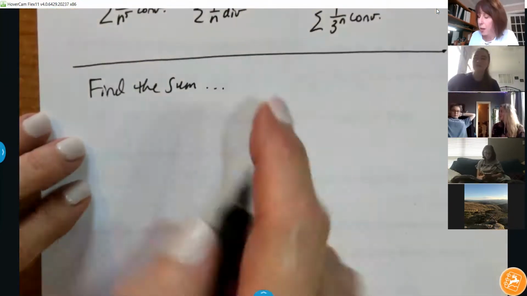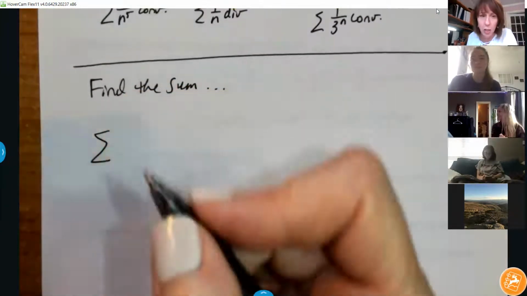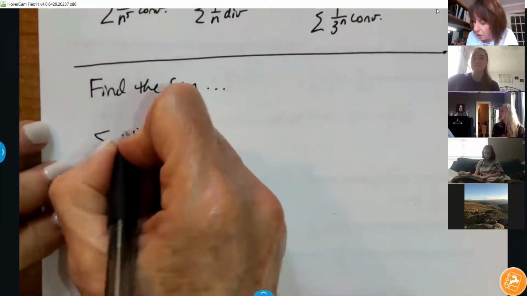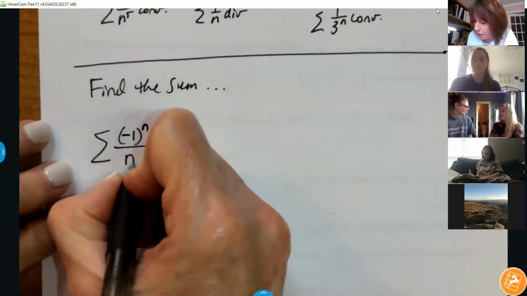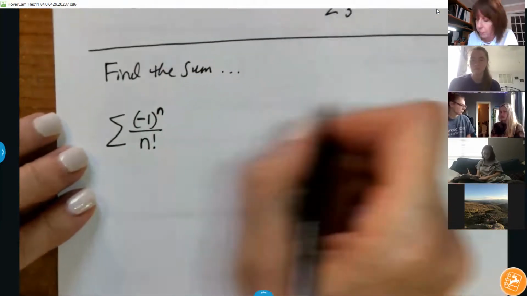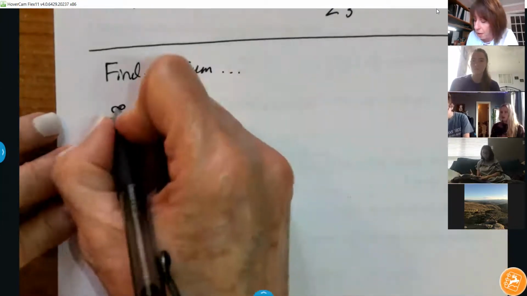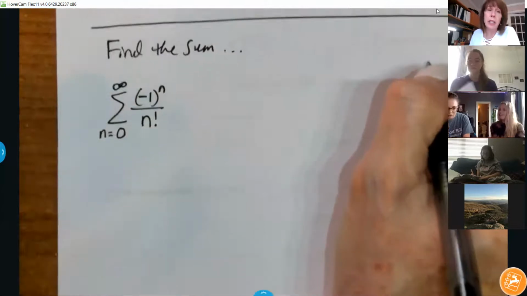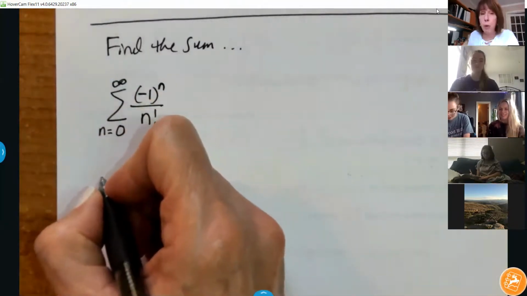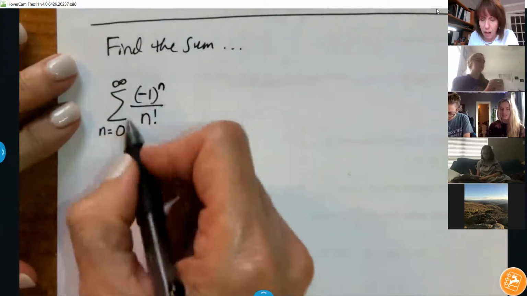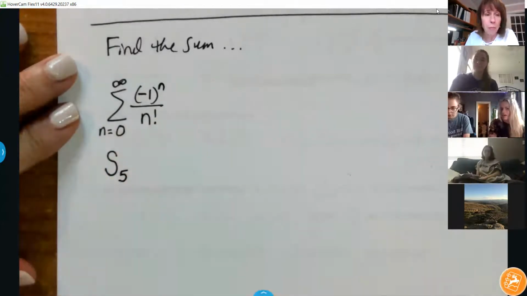In general, you bet. So I'm going to make up a series. I'm going to make it alternating so that we can talk about error too. So I don't want to go too nuts with it. Maybe let's do this. And let's start at 0 this time. And let's say that they say, let's approximate the infinite sum with, let's say, the fifth partial sum.